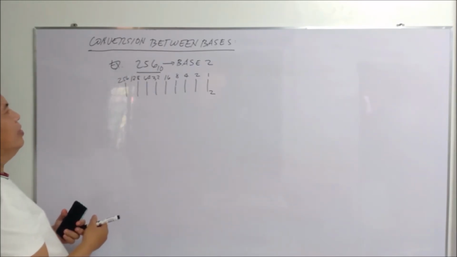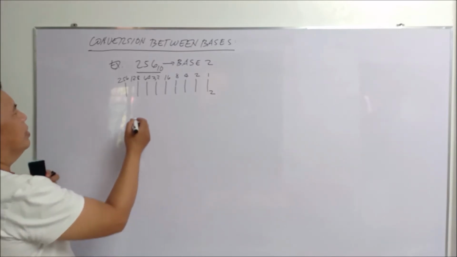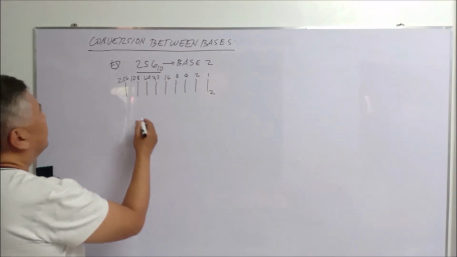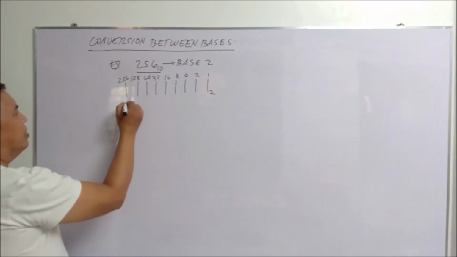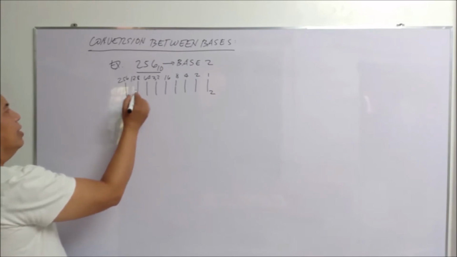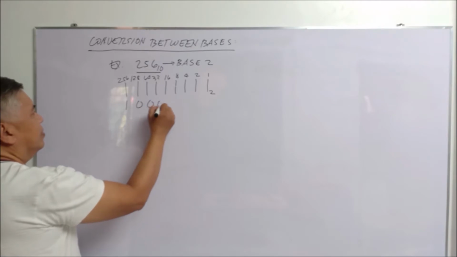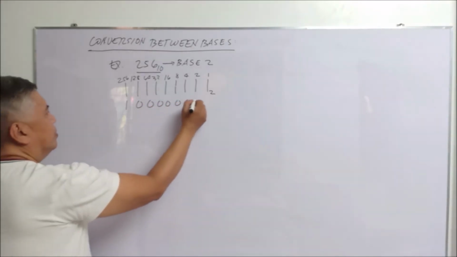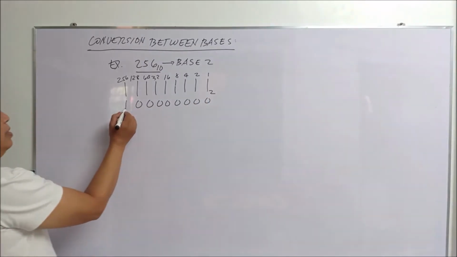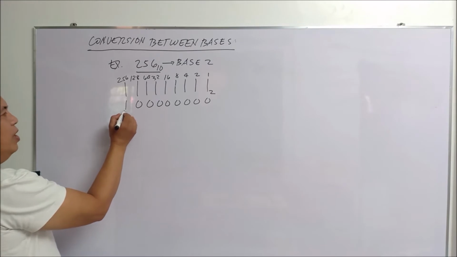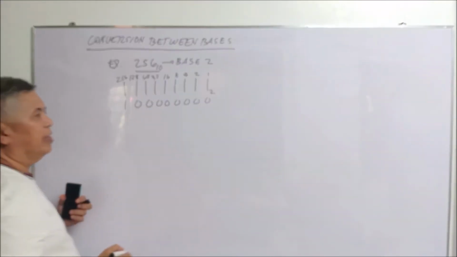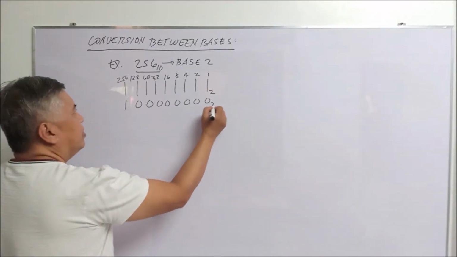So all you have to do is use this number here. This becomes 1. And then, the rest is 0. Only this number here is 1, while the rest will be 0 in base 2.